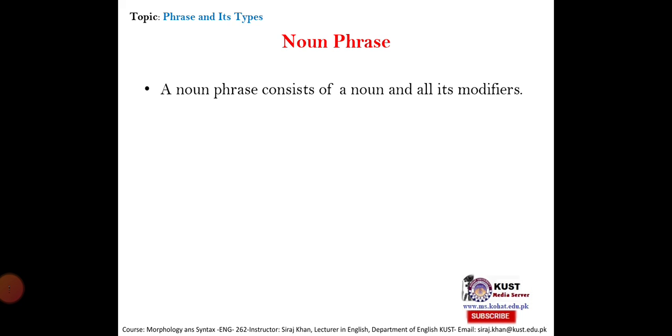It consists of a noun and all its modifiers. Modifiers can come before or after the noun. If it comes before the noun, it's likely to be an article, possessive noun, possessive pronoun, adjective, or participle.